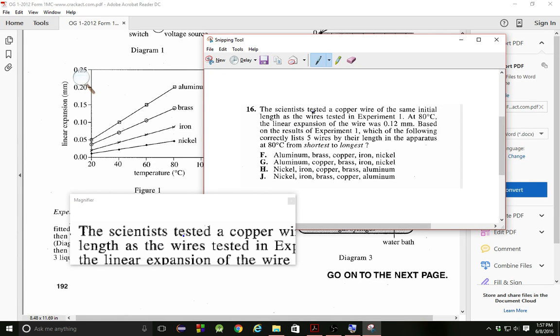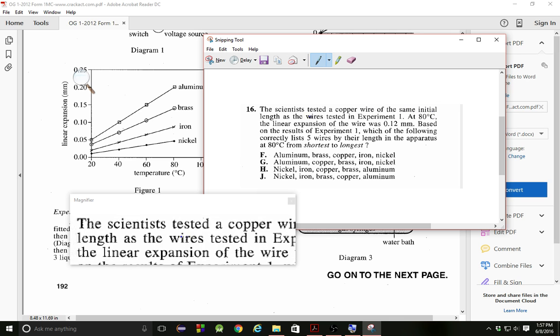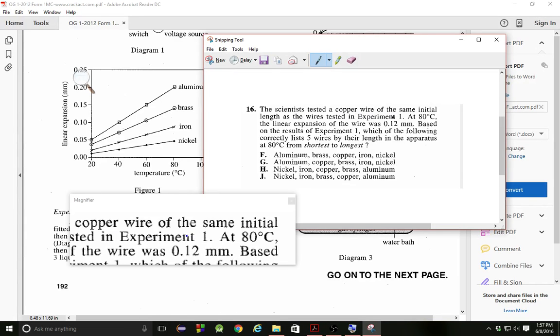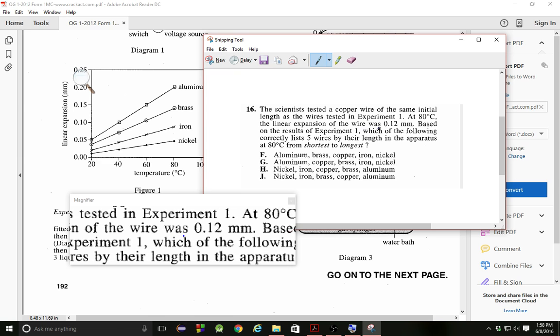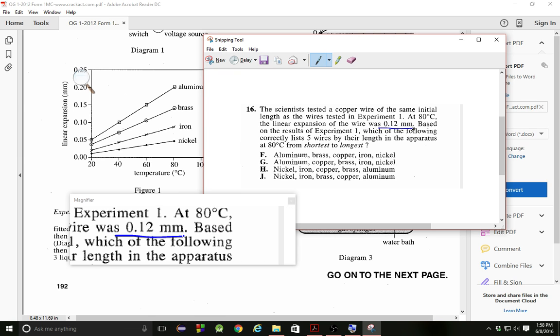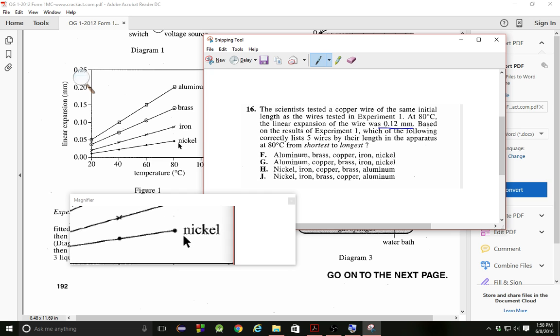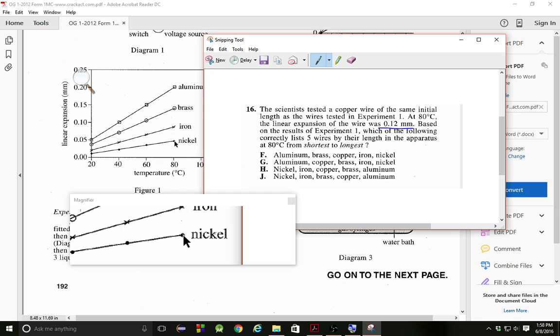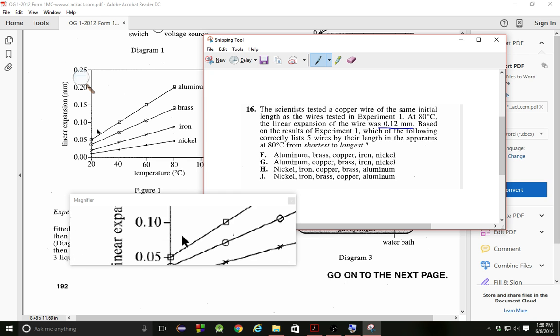So scientists tested a copper wire of the same initial length as the wires tested in experiment 1 at 80 degrees Celsius. The linear expansion was 0.12 millimeters. Okay, linear expansion is 0.12 millimeters, and we have 80 degrees Celsius right here. We have nickel, which is less than 0.05, iron, which is a little over 0.05, more like 0.07.